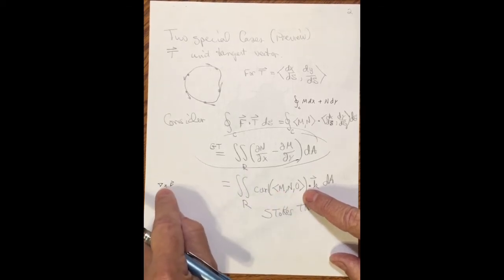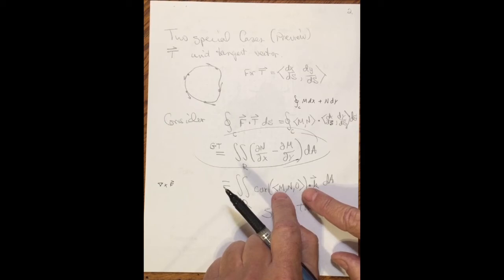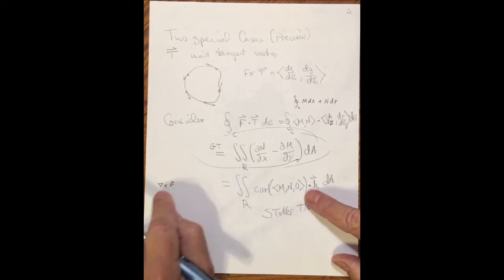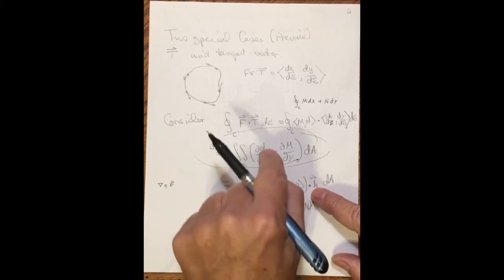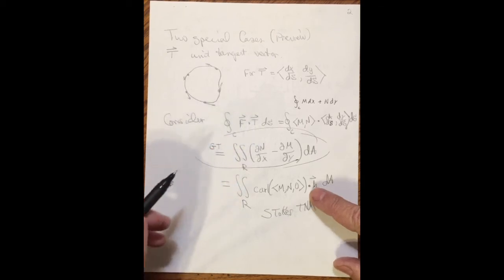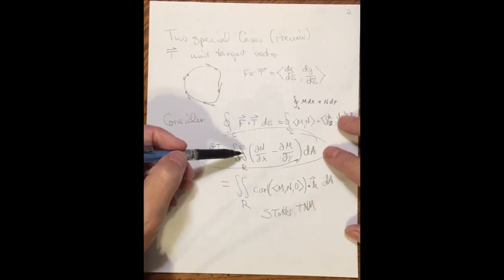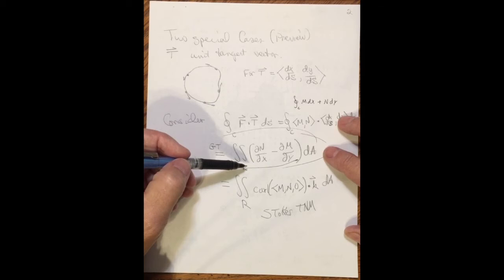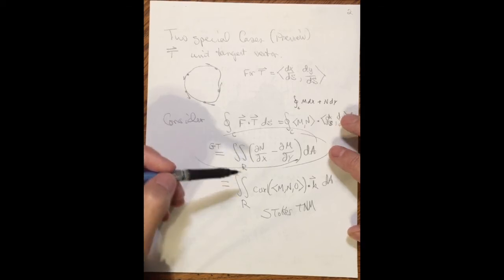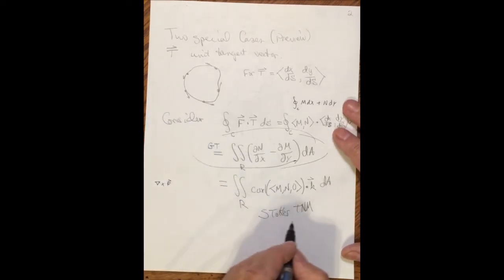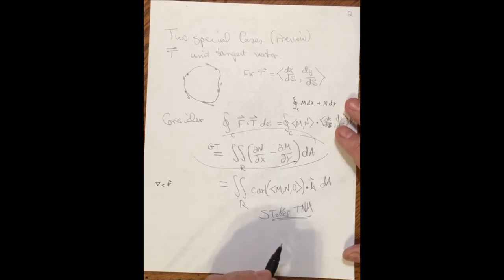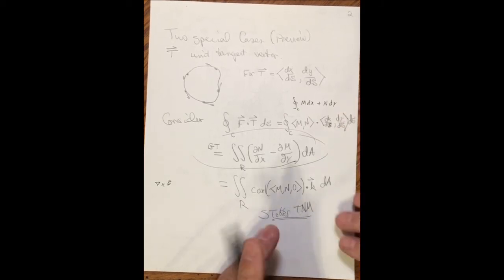When I take the curl and dot it with k, I get this exactly. So one way we could write Green's theorem is to write it as the curl dot k and then the differential dA. This is just a 2D representation of what we're going to study in a few days called Stokes' theorem.